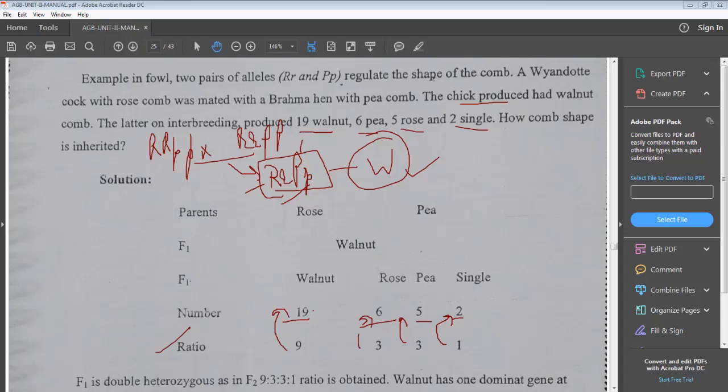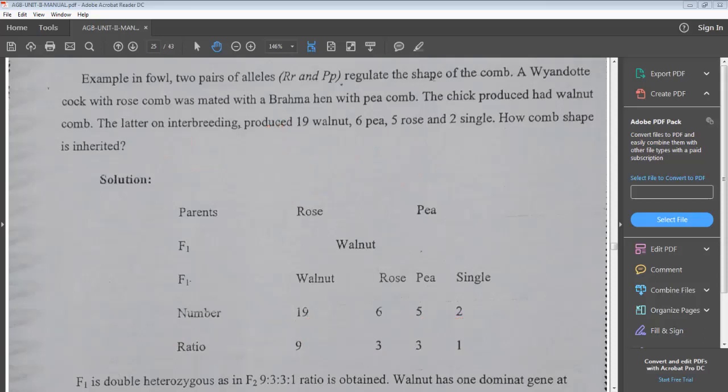If we divide this by 2, this by 2, 5 by 2, this by 2, then that will give us approximately 9, 3, 3, 1. Okay, we move further.